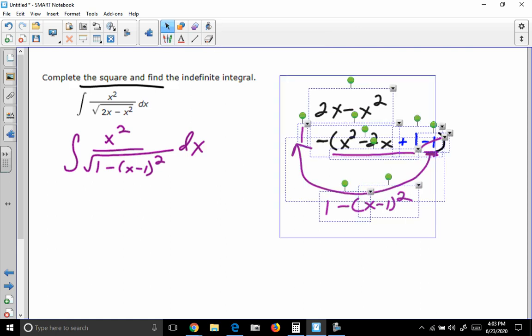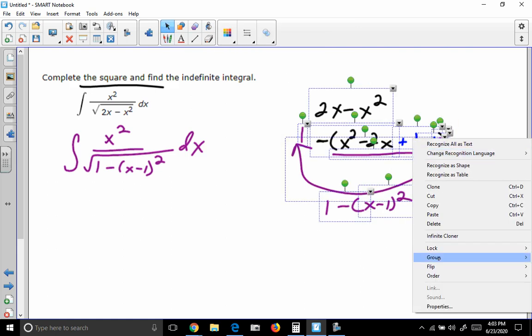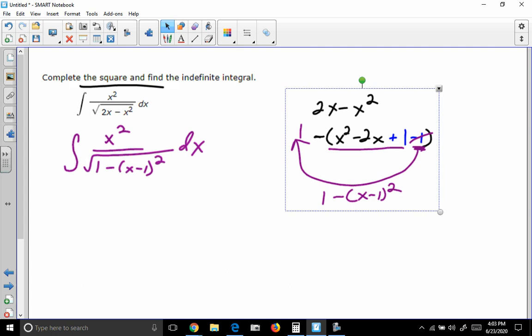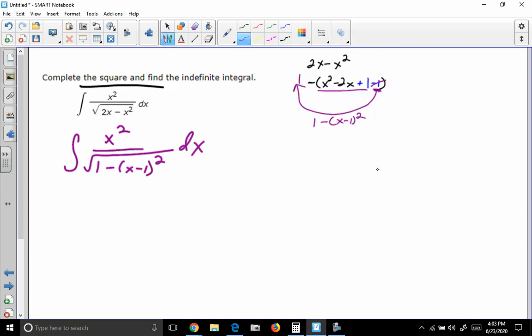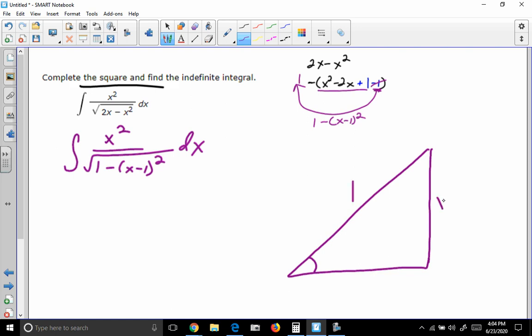Okay, so let's move that around a little. Now if we look at a triangle, we have a constant squared minus a variable squared. So our constant that's being squared goes there. The variable part that's being squared goes there.